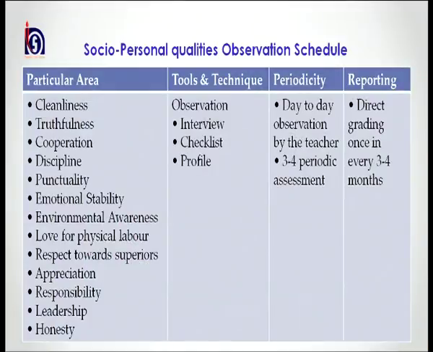Here is an observation schedule on socio-personal qualities in which different areas are exemplified, such as cleanliness, truthfulness, cooperation, discipline, punctuality, emotional stability, environmental awareness, love for physical labor, respect towards superiors, appreciation, responsibility, leadership, honesty, and so forth.